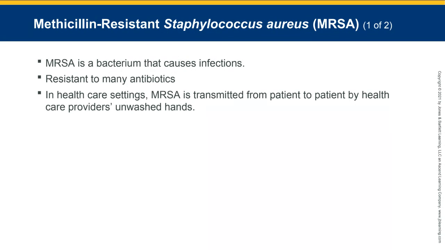So, one of the primary ways to transmit or get this particular infection is treating a patient in an area that is not sterile. So not following sterile procedures will lead to this.